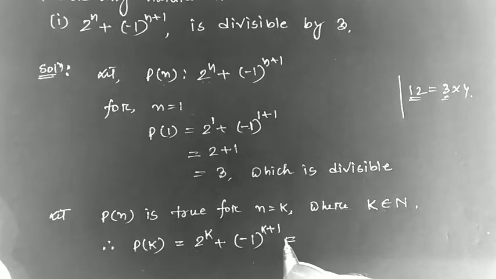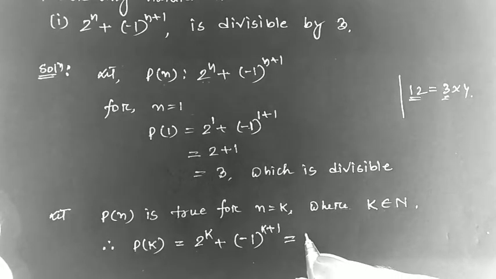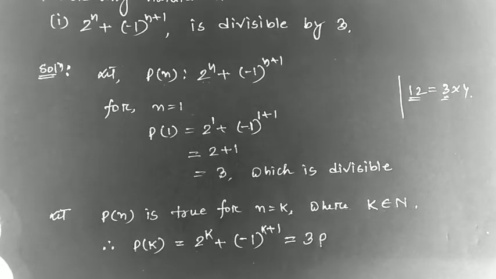So we write it equal to 3p, where p belongs to Z, p is some integer. Since it is divisible by 3, we have to write 3 into something.